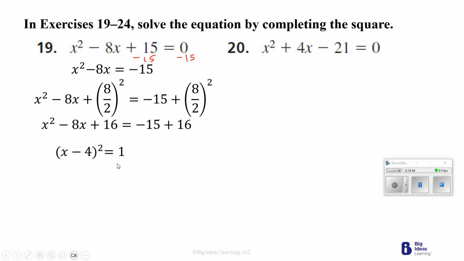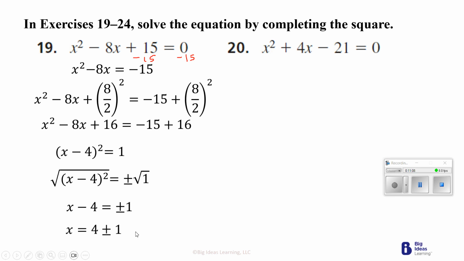Now we're going to put the square root symbol over both sides, and that gives us the square root of x minus 4 squared equals plus or minus the square root of 1. That just turns into x minus 4 equals plus or minus 1, because 1 times 1 is 1. Now we're going to add 4 to both sides. 4 plus 1 is 5. 4 minus 1 will be 3.